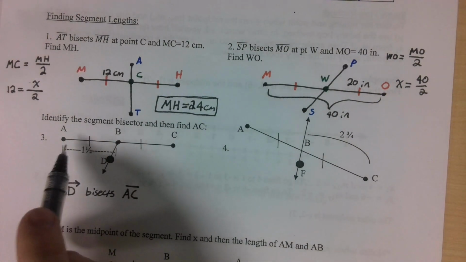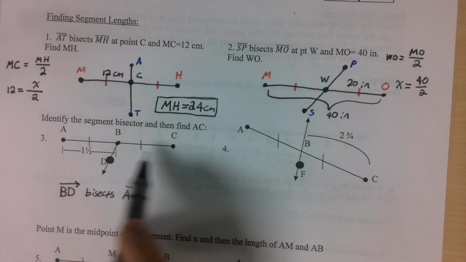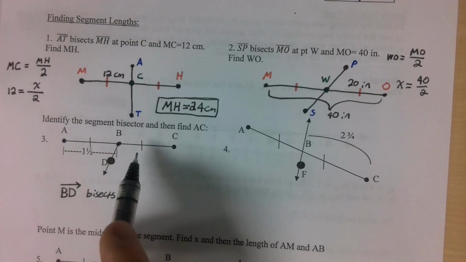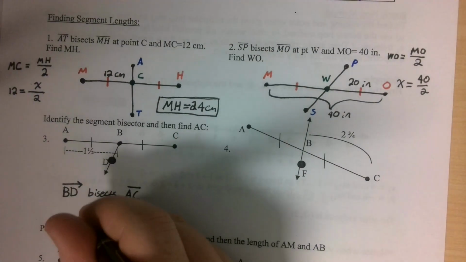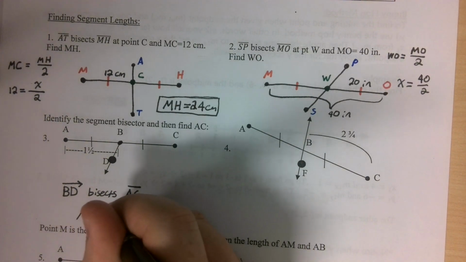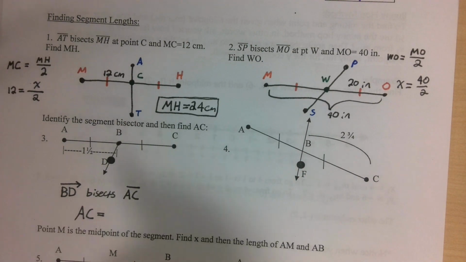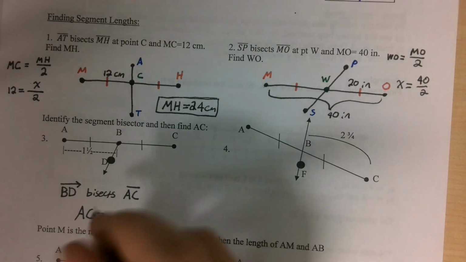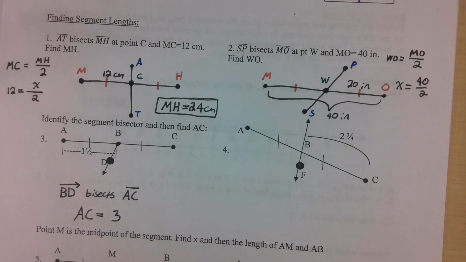And if AB is 1 1/2, and we know that this side is also going to be 1 1/2 because they're congruent, what's the full length of the segment? Well, it's got to be double the length of this half. 1 1/2 times 2 is 3. AC is 3.